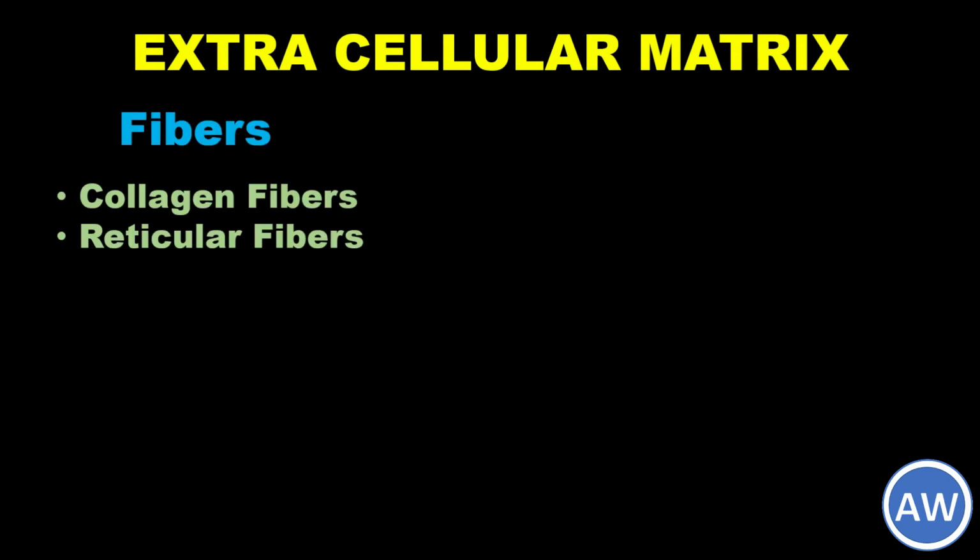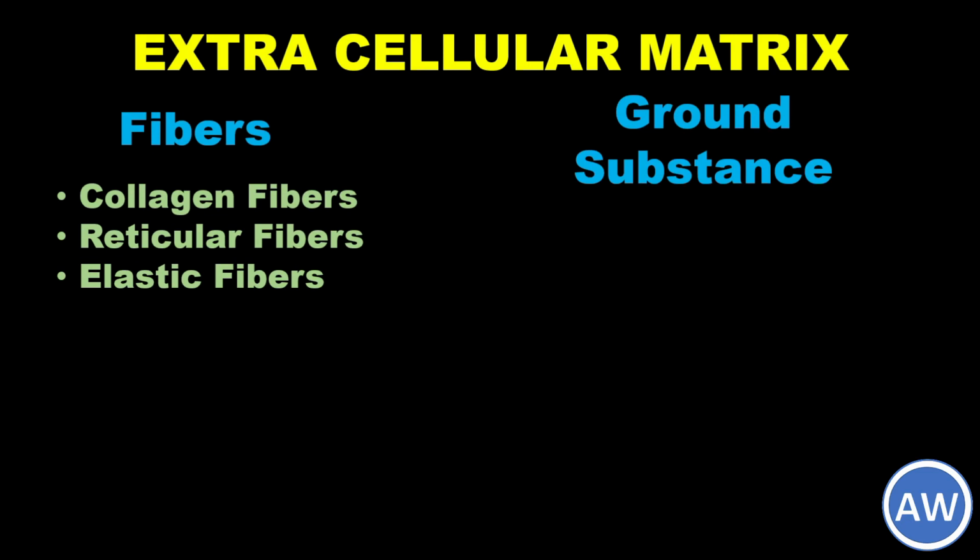The next component, that is the extracellular matrix of a connective tissue, is a complex and intricate structural network that surrounds and supports the cells within the connective tissue. It contains a variety of fibers such as collagen, reticular, and elastic. In addition, the extracellular matrix contains a variety of ground substances.